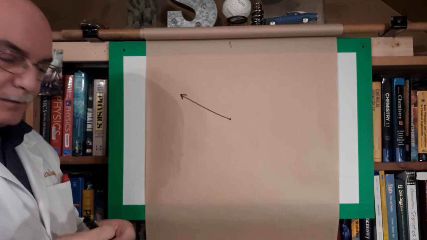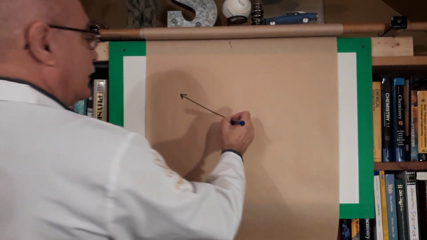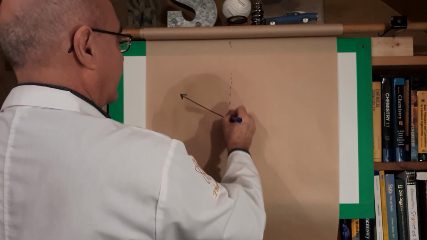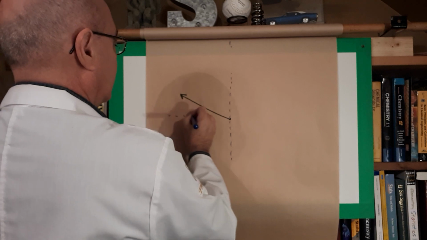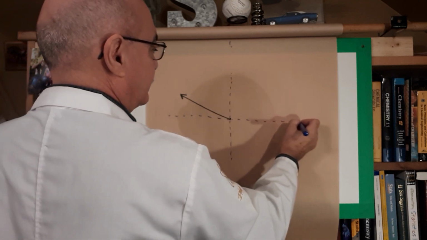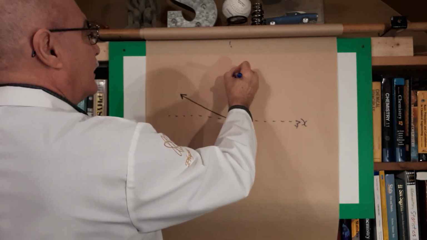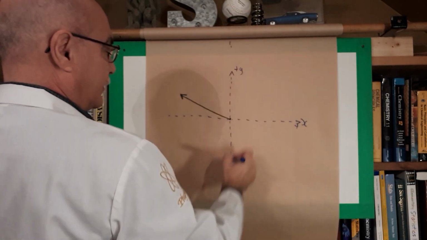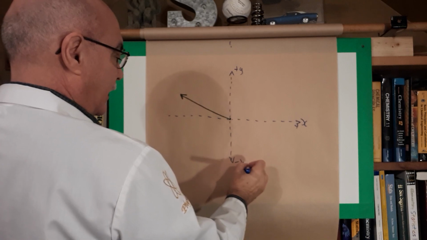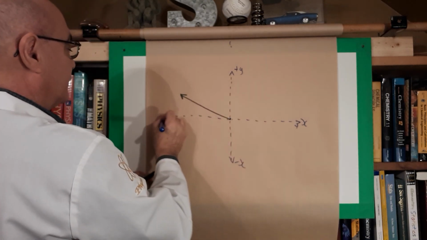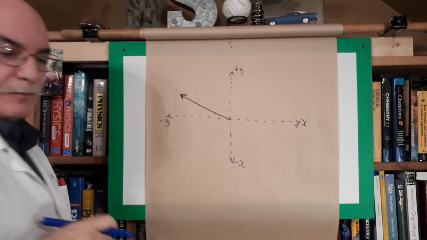It needs a coordinate system. I'm going to put the tail here at the origin of an xy coordinate system. Going that way is plus x. Going that way is plus y direction. Going down, minus x direction. And going this way is minus y direction.